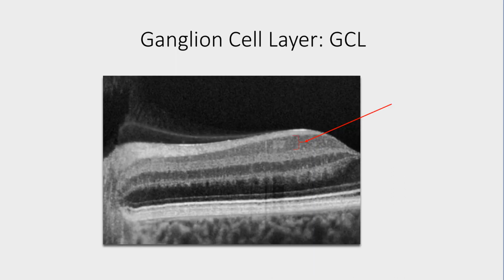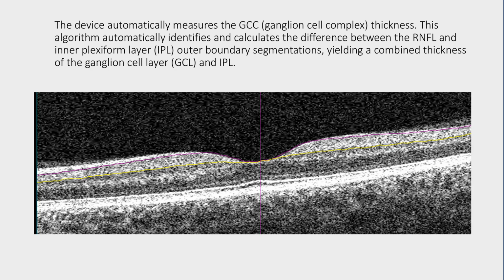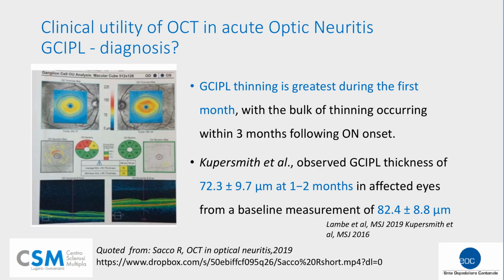The ganglion cell layer is immediately below. The quantification of the layer is automatic, and it is very effective for the diagnosis of multiple sclerosis.